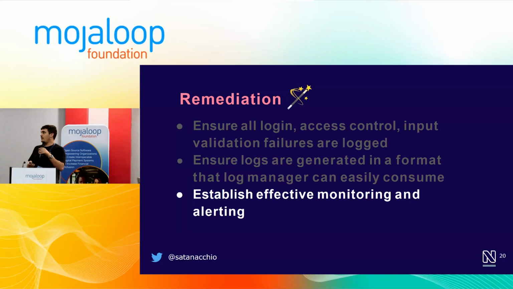And the final one is you need to have proper alerting. If you have proper logging, then you also need to implement proper alerting. So when you realize something's not as you expected, you want to escalate in some way, for example, ping a team member or alert whoever is responsible for security on the project. And this is very important.